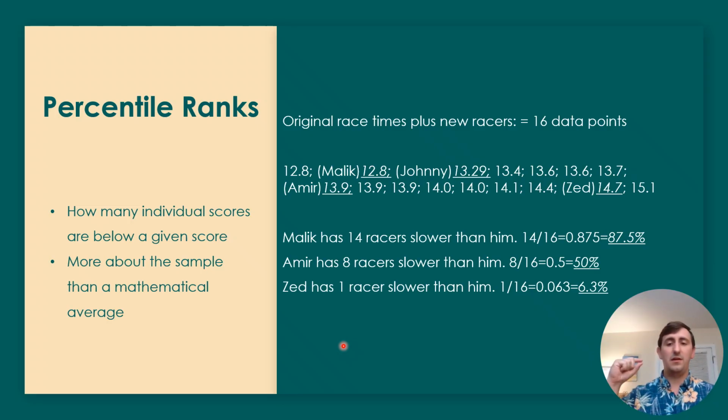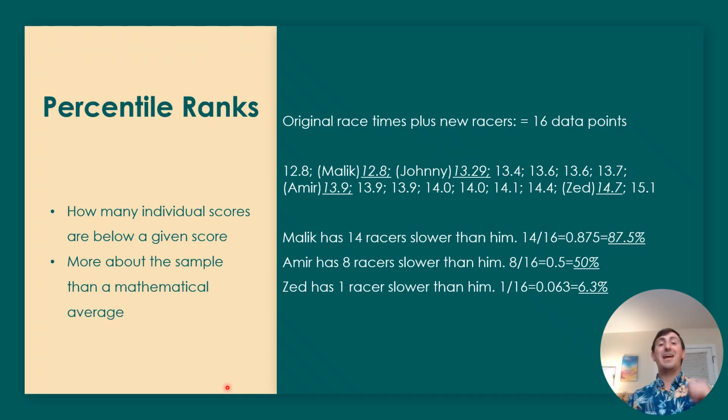Z-scores are that score you're given based on the standard deviation, which is an average on that normal bell curve. The percentile ranks are based on how many people you beat. There's no mathematical averages about it. It's just how many people did you beat compared to the total number of people who tried this out.